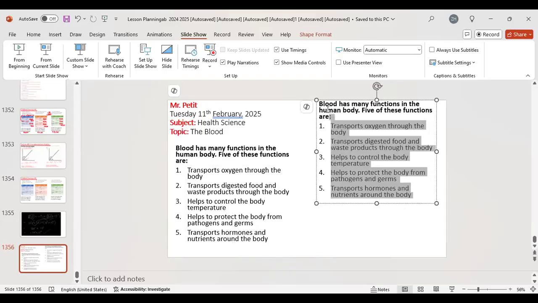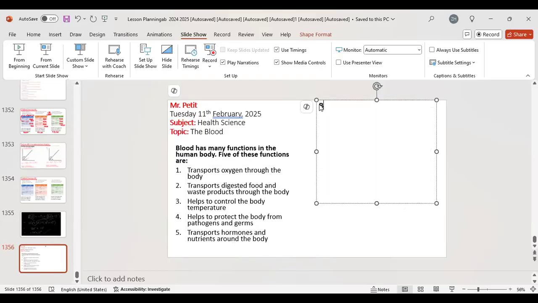Okay, blood components. So the components of the blood. The first component of the blood is going to be plasma. This is the liquid part of the blood.